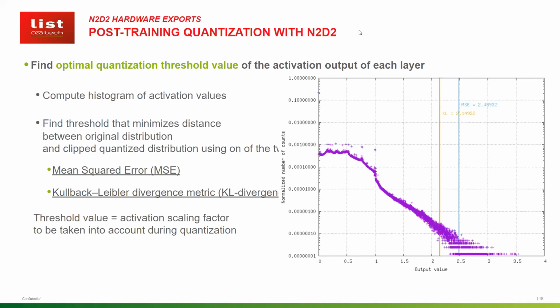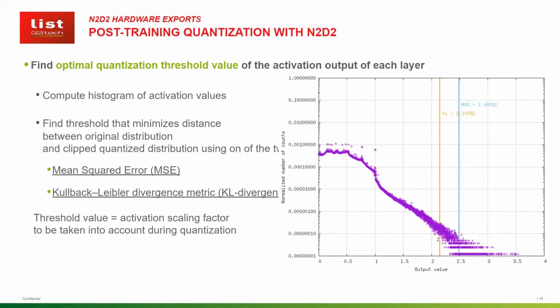In order to find optimal quantization threshold values for the activations, we also need to propagate our input data in order to have the outputs of each layer. This is what you can see on this slide: the output value of one of the layers of the network.